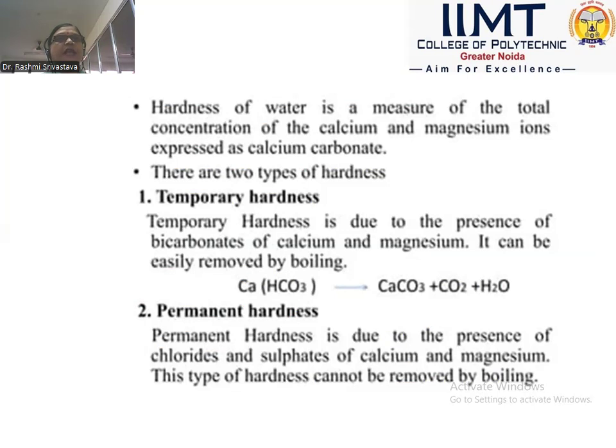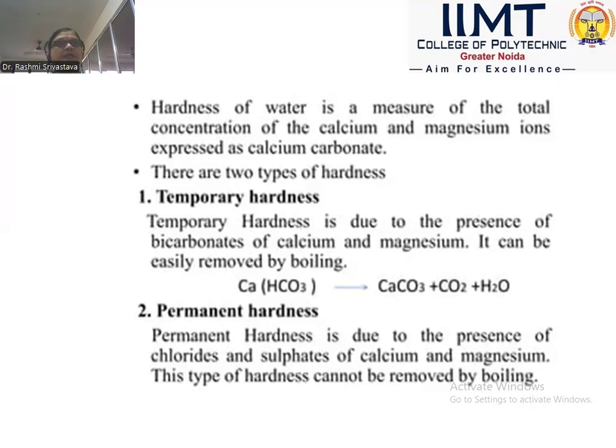The formula of calcium bicarbonate is Ca(HCO3)2, and when we boil it, it breaks down into calcium carbonate, which is CaCO3, carbon dioxide, CO2, and water. Now we have to filter this water. The calcium carbonate is settled down and we obtain the pure water.